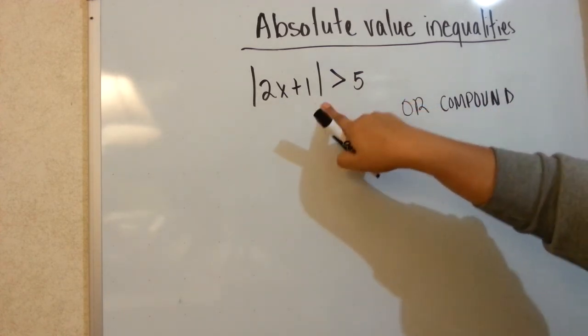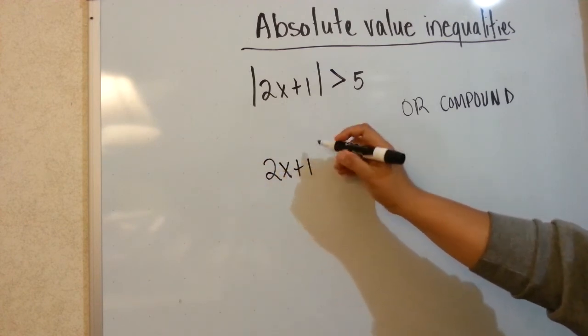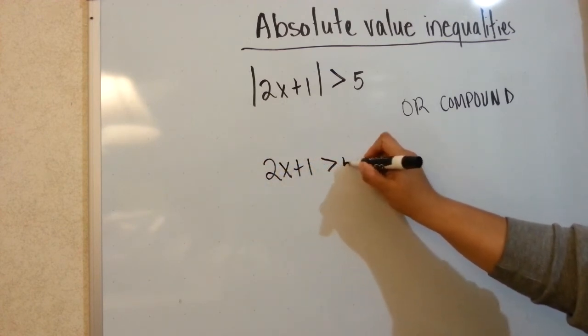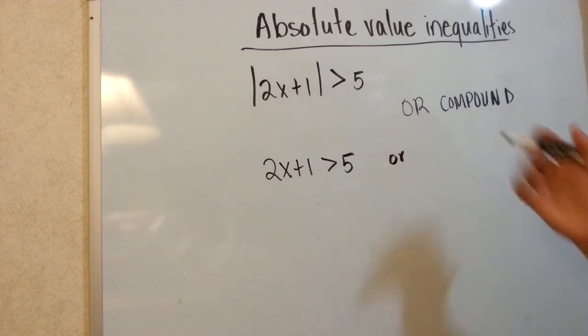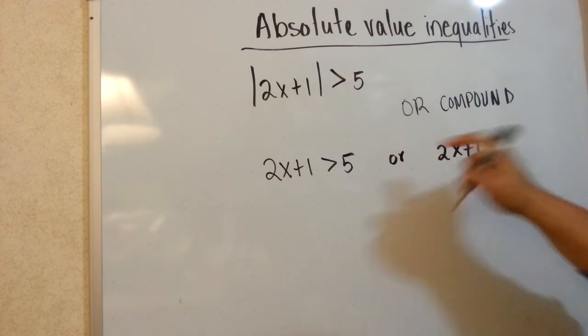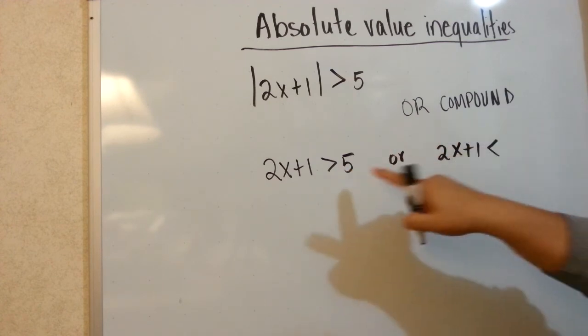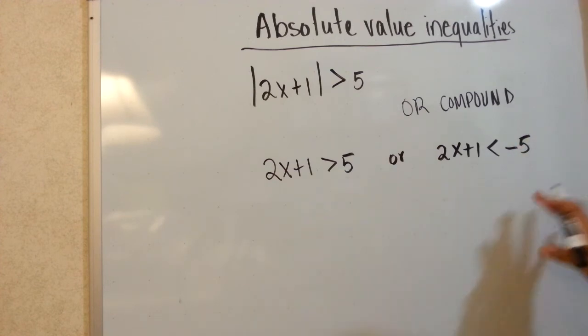You take the original one, you drop the absolute value bars, and it's greater than 5. And, or, you take the original one, flip the sign, and you change the 5 to a negative 5. And then you solve them separately.